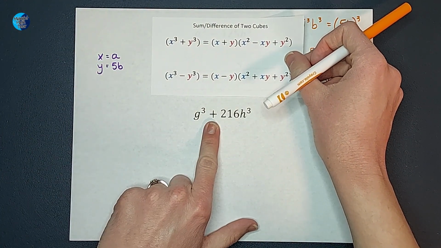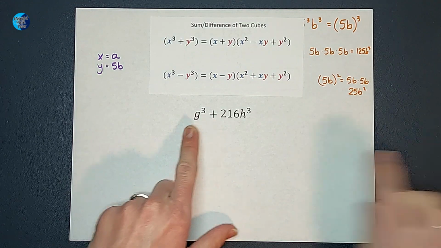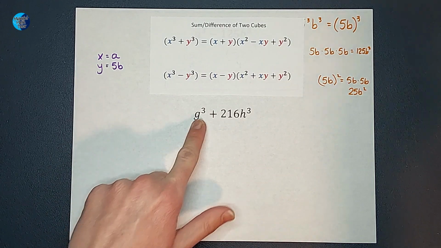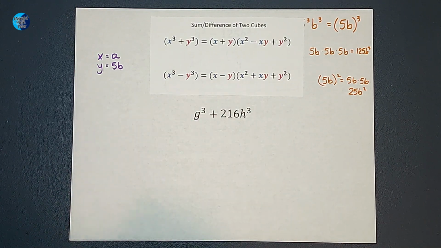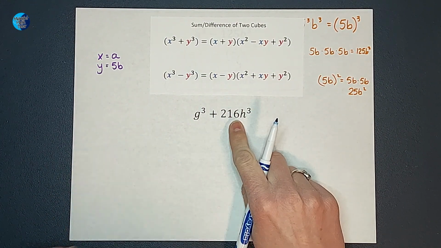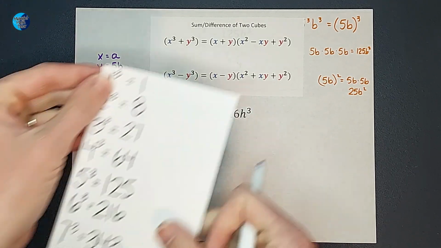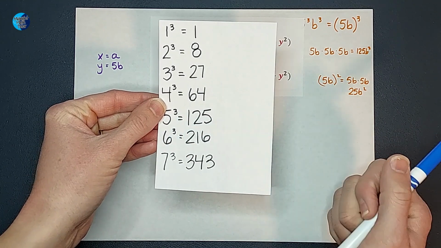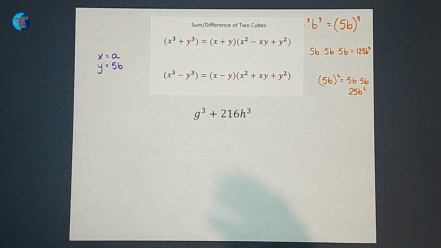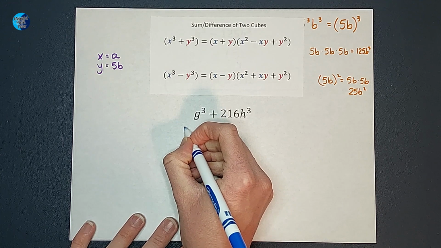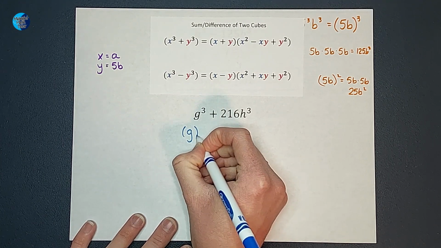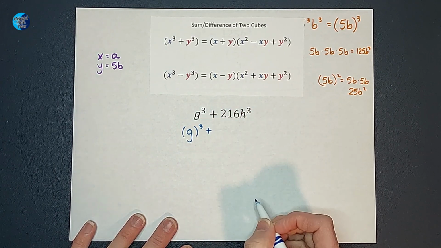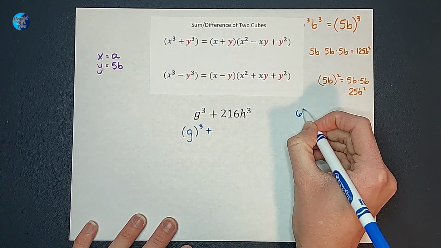This one is a sum of 2 cubes. So let's see if we can rewrite this to look more like that. So I've got my g cubed, that's good. h is cubed, but can 216 be written as a cubed number? Guess what? It's a YouTube video, so yes, it can. 6 cubed is 216. So that means I can rewrite this as g cubed plus, remember, 216 can be written as 6 cubed.